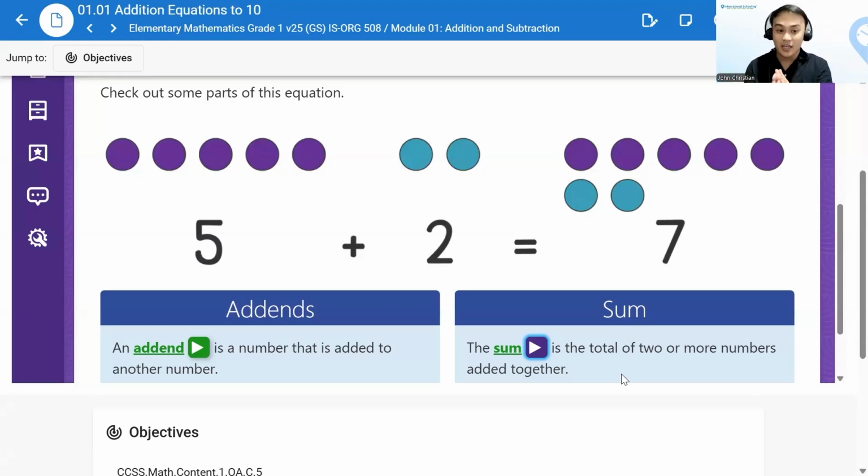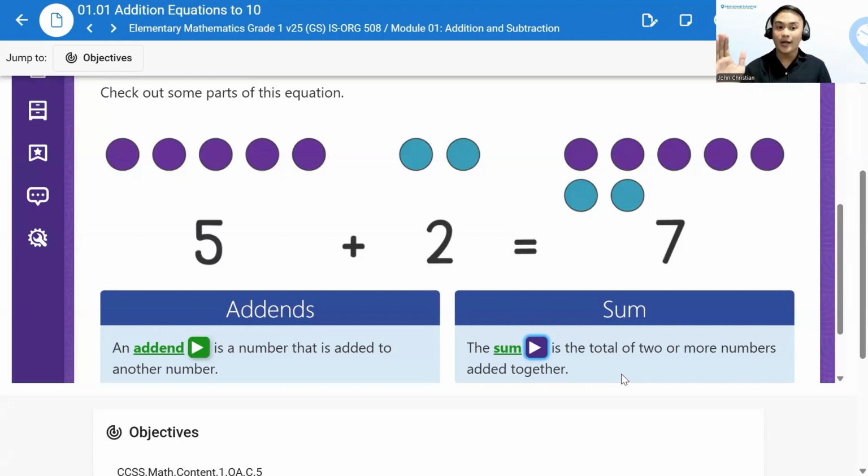This time, I'm going to give you numbers and you're going to tell me what are the addends and what is the sum. 1 plus 1 is equal to 2. What do we call 2? Is it addend or sum? Great job, little mathematician. That is what we call sum.